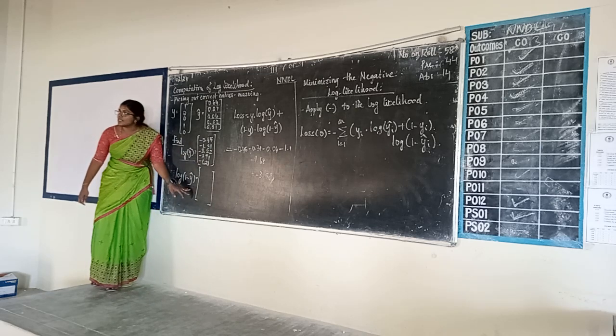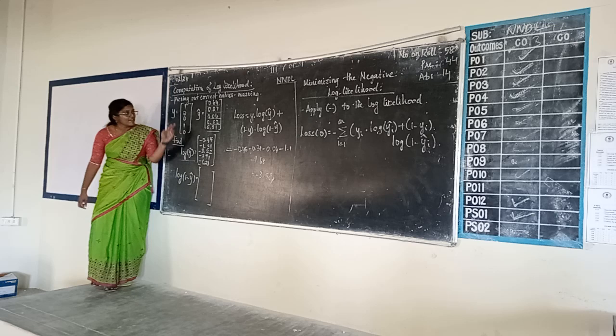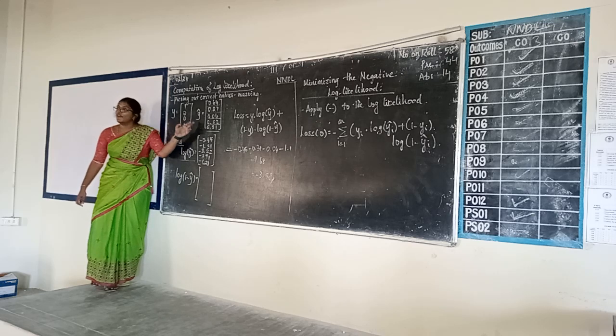Now 1 minus y cap. What is the basic thing for us? First, we need to know 1 minus y cap, am I right or not? We have y and y cap only.